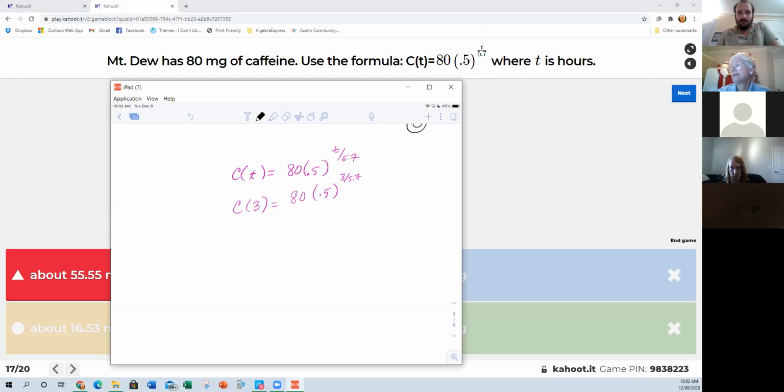The most common mistake I want you to avoid is multiplying the 80 and the 0.5 first, and then doing 40 to this power, which is totally wrong. Take your interest rate to the power first because of PEMDAS, and then multiply by 80. And you should be in good shape.